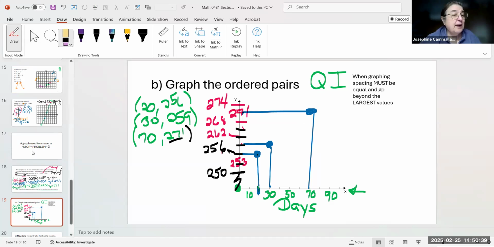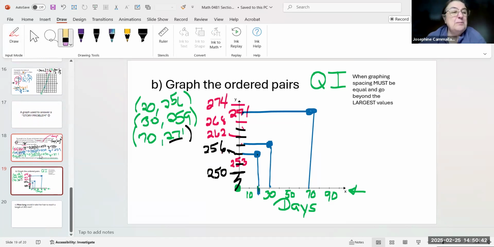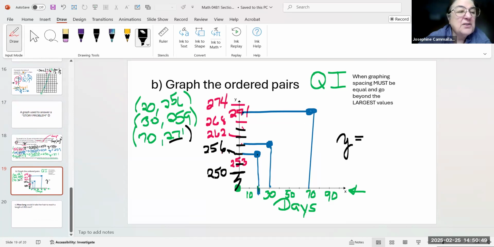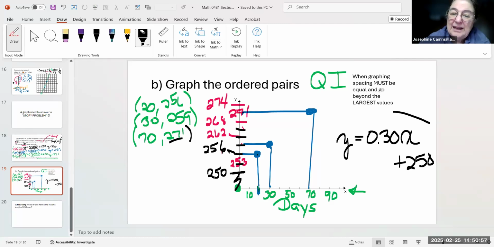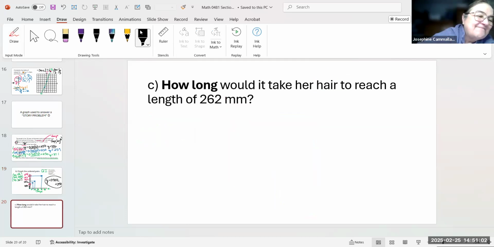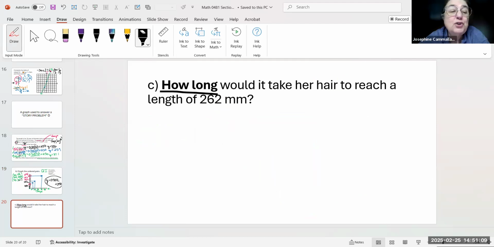Now, here's the fun part. Remember, our equation was y equals 0.30x plus 250. That was our equation. Well, now, here's the fun part. How long would it take her hair to reach a length of 262 millimeters?